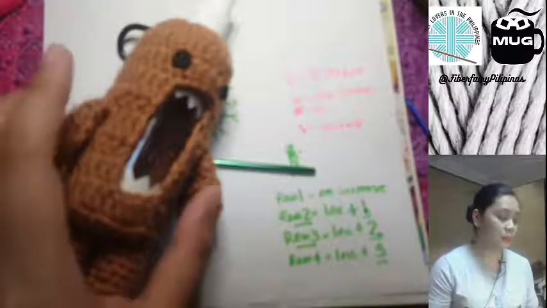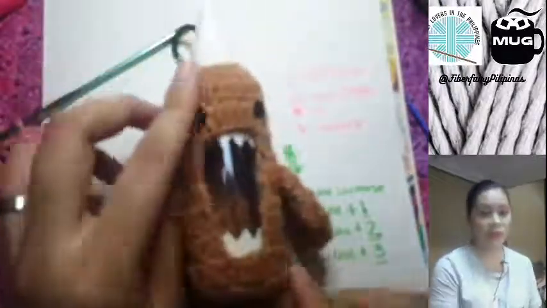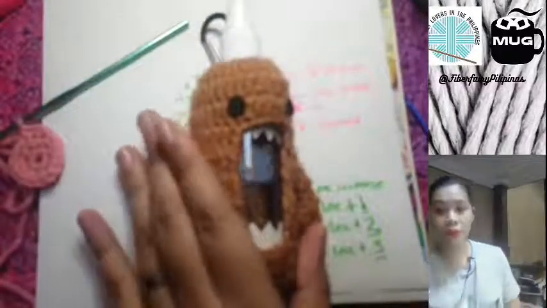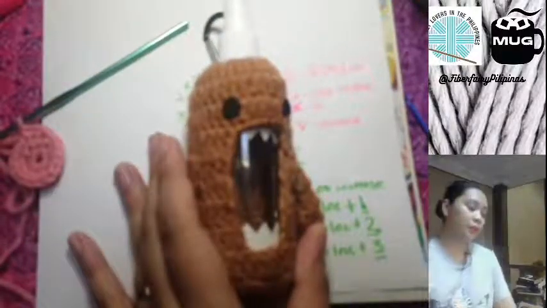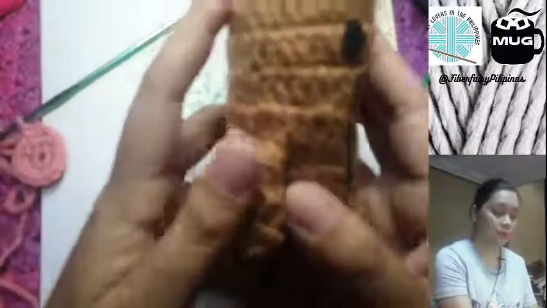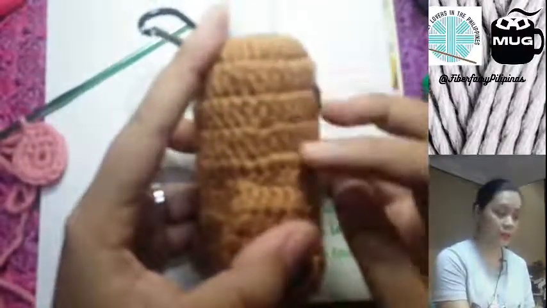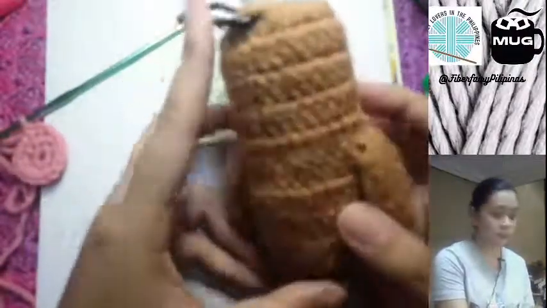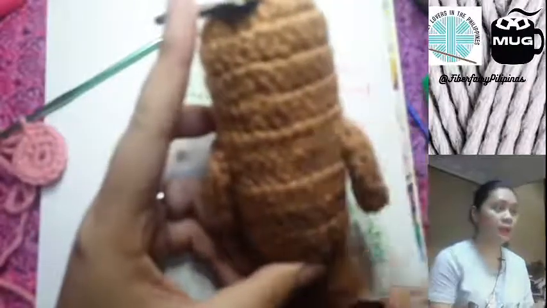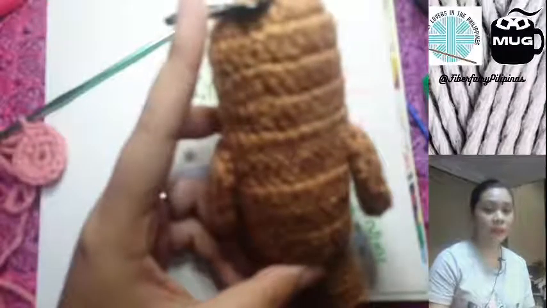So, this is my own pattern. Yung makita nyo, si Domo-kun is actually one of my recent creations. Inupuan ko lang siya. But if you look at it closely, it's just double crochets all around and nothing complicated.